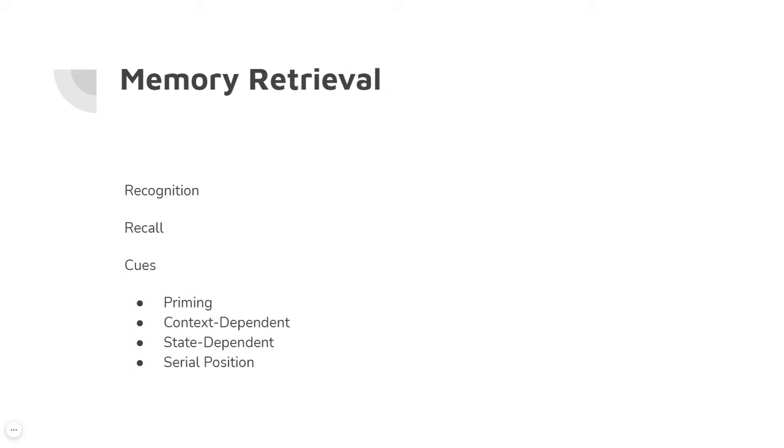Then you have recall, which is retrieving memories with external cues. We'll go through and talk about a lot of these different cues, ways to help you remember things, which is really important. So there's what's called priming. Priming is the activation of particular associations.